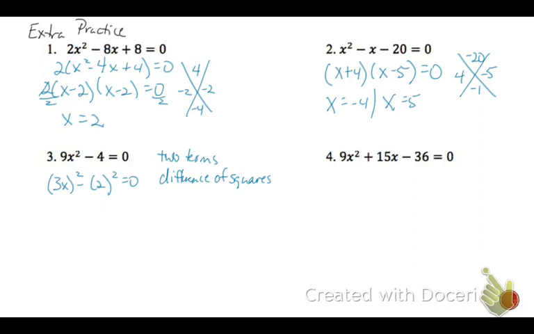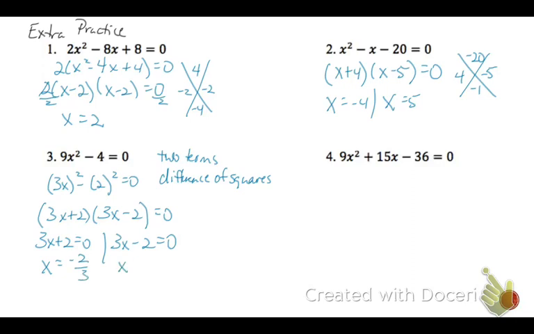So we have a difference of squares. That will simply factor as our first term plus our second term, so 3x plus 2 times 3x minus 2. Then if we set those both equal to 0 and solve, we'll get x equals negative 2/3 and x equals positive 2/3.